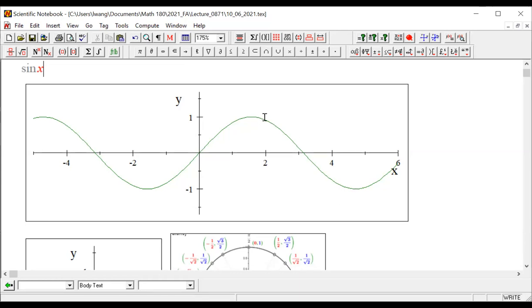So if we pick a piece of sine, then we can create an inverse to that piece. Or this piece, which is also decreasing, or this piece that's increasing.